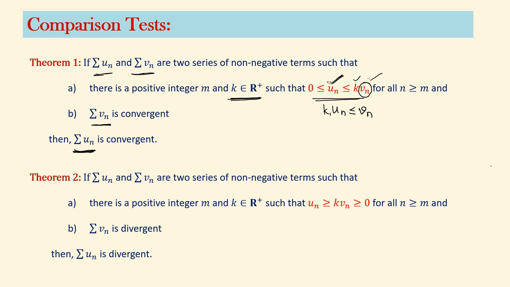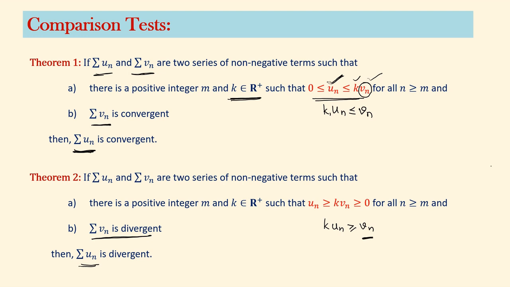In the same way, the second theorem tells that if un is greater than or equal to k times vn greater than or equal to 0, this can also be written as k times un greater than or equal to vn. So in this case, if summation vn is divergent, then summation un is also divergent.